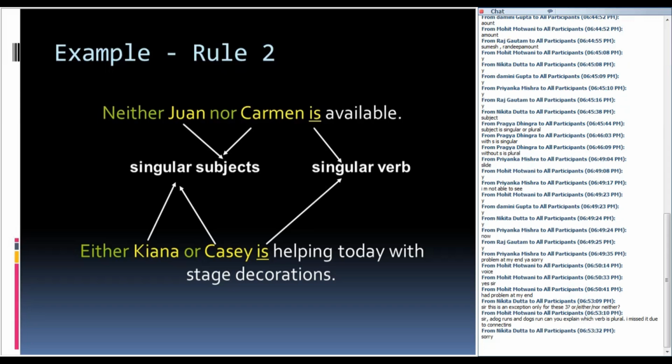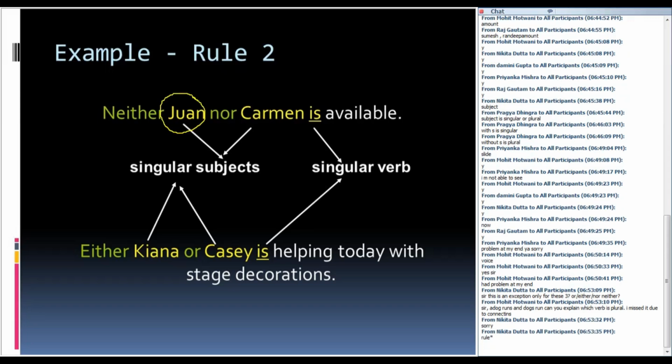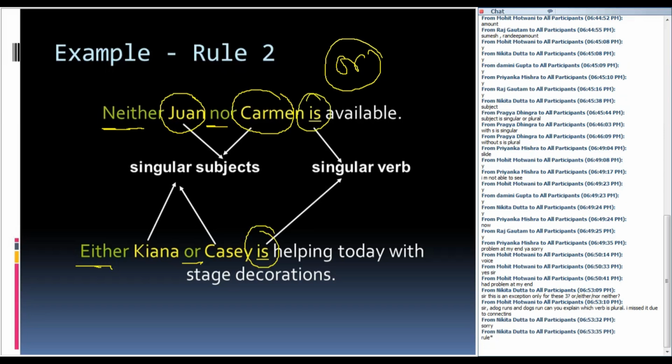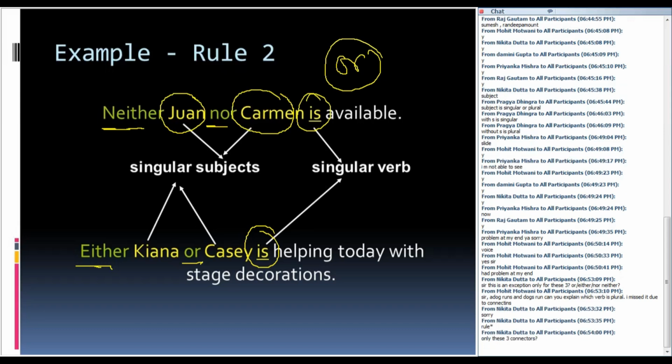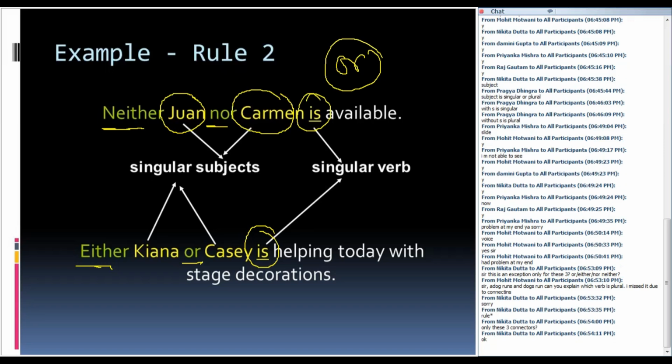If there are two subjects, one is Juan, one is Carmen, and both of them are singular, and they are connected by neither nor, either or, or simply the word or, then the subject becomes singular, and that is why you have to use a singular verb. If one of them is singular and the other one is plural, then something else will happen. Okay, only these three connectors. Yes, generally only these three connectors.